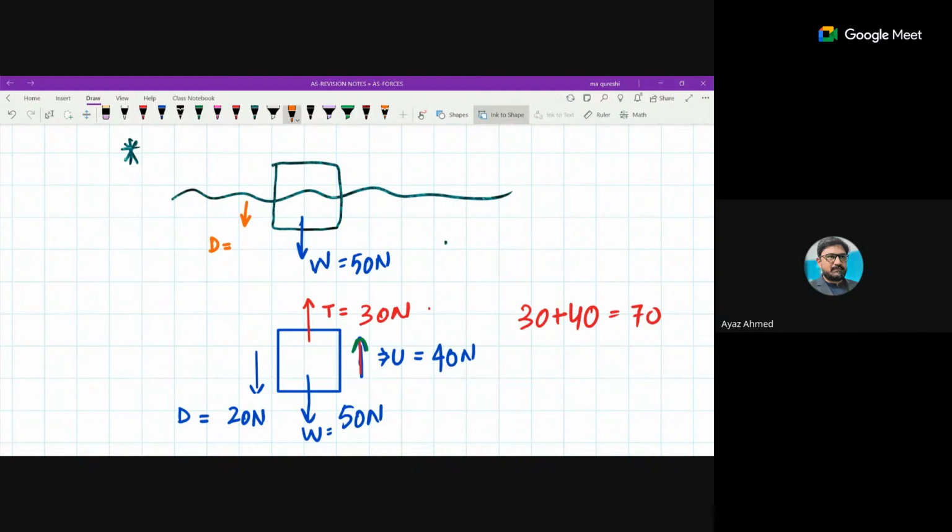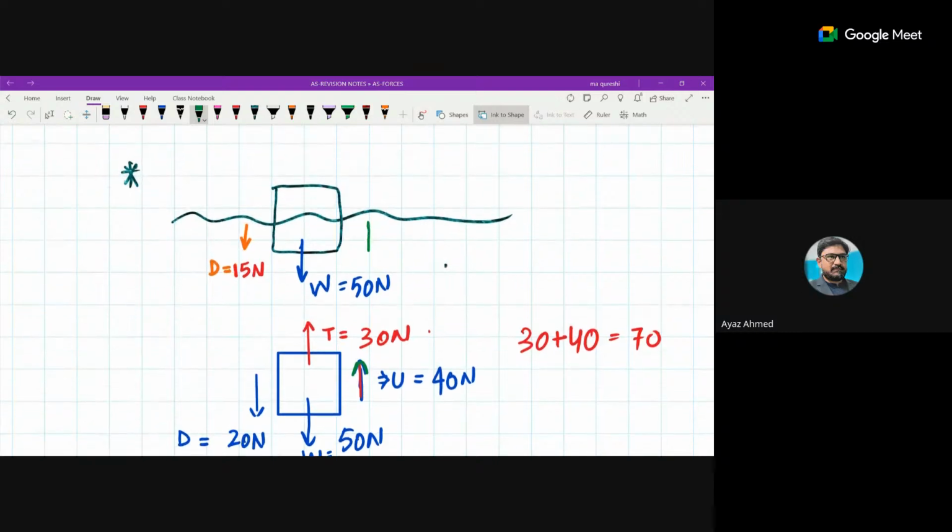Let's say the drag is now 15 Newton, because it will not be reduced that much. Upthrust will be reduced drastically. It would be 20 Newton now, because half of the object is above and half is below. Are you getting it?